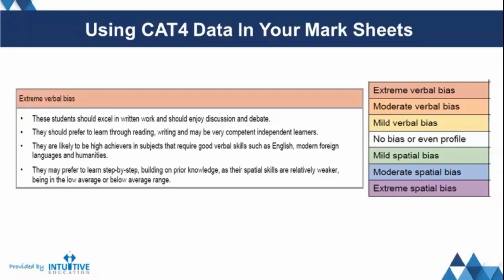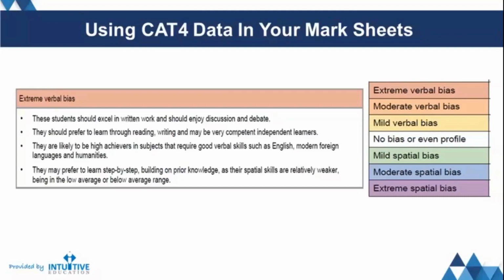Your task is to get them to excel just as well in other subjects as they do in perhaps the subjects that require the verbal. And that's the information that you will get based on the CAT4. You will get that information, but it's how you're actually going to use it.